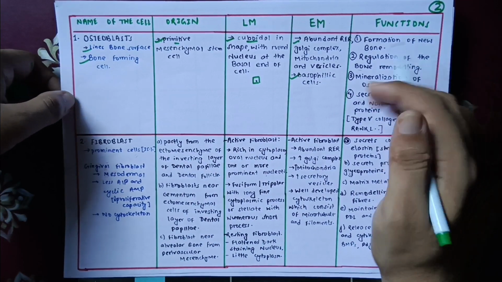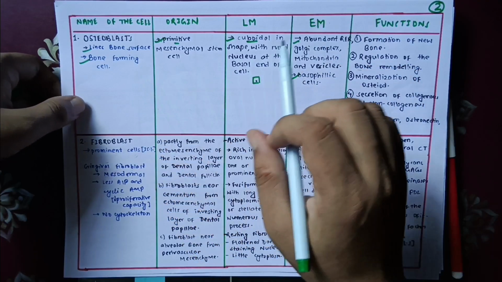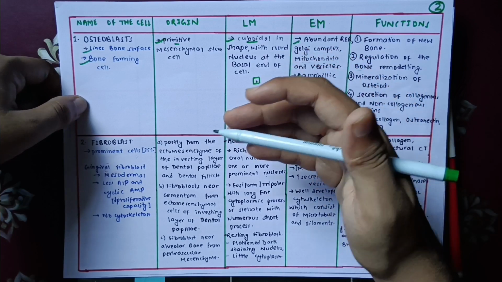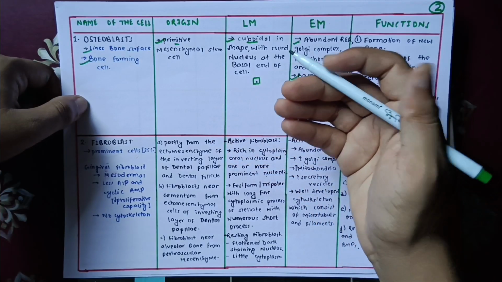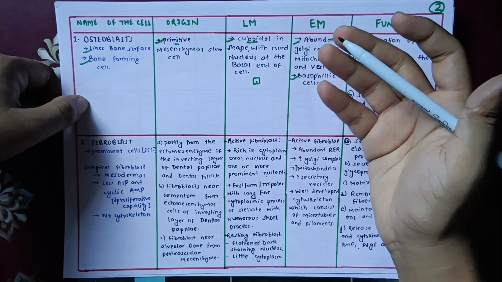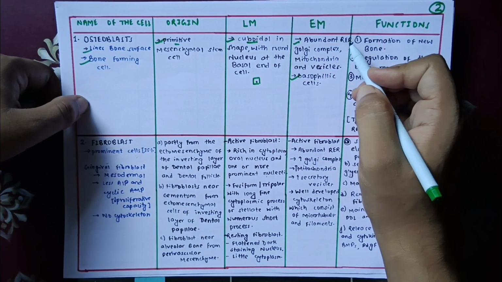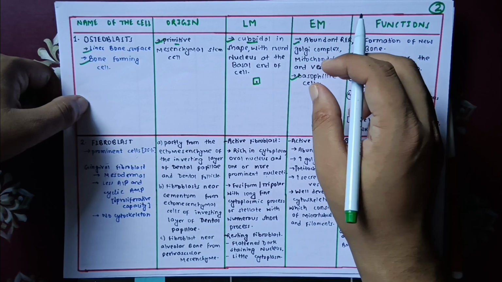You can remember this by a proper concept. The osteoblast is a synthetic cell, meaning it synthesizes protein. Different kinds of protein are synthesized by the osteoblast, so there must be organelles responsible for protein synthesis. The rough endoplasmic reticulum, Golgi complex, mitochondria, and vesicles are those organelles.